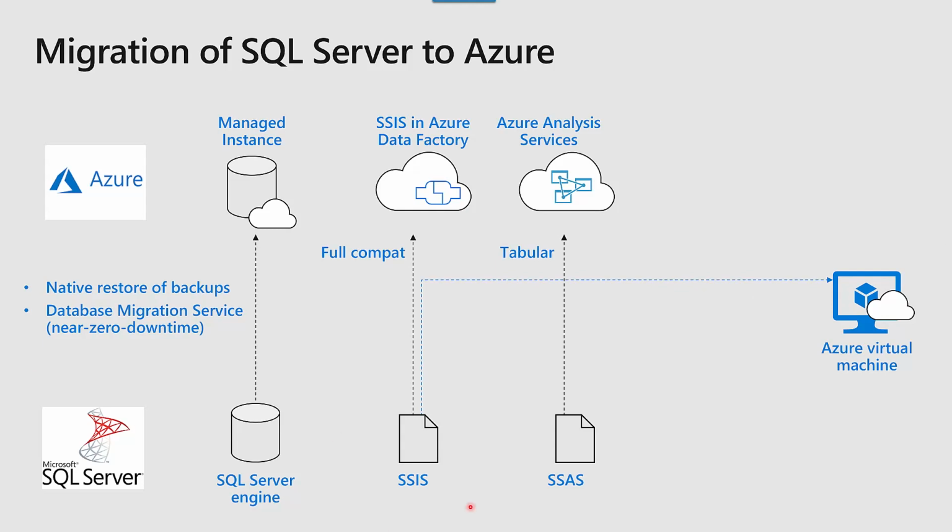And if you have Analysis Services cubes, you have Azure Analysis Services that allows you to move your cubes and Analysis Services data to Azure. So these are three services: SQL Server Engine, ETL, and the cubes OLAP model, and it allows you to move to these three services.